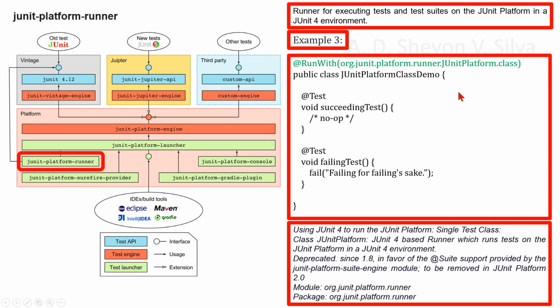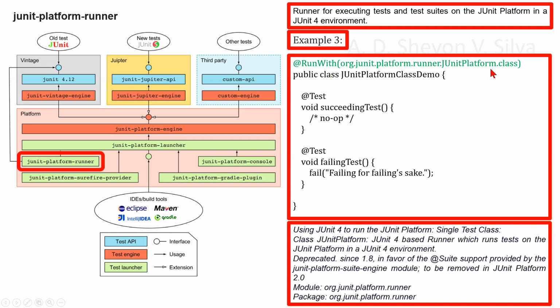Here one way to use the JUnit platform runner is to annotate a test class with @RunWith(JUnitPlatform.class) directly.